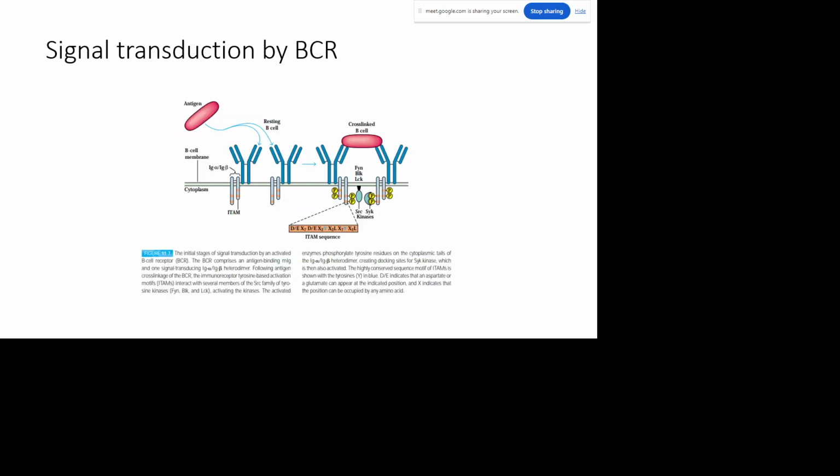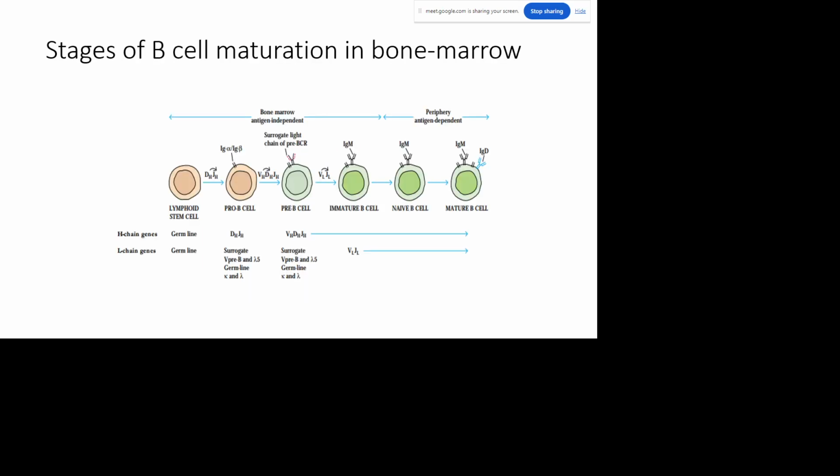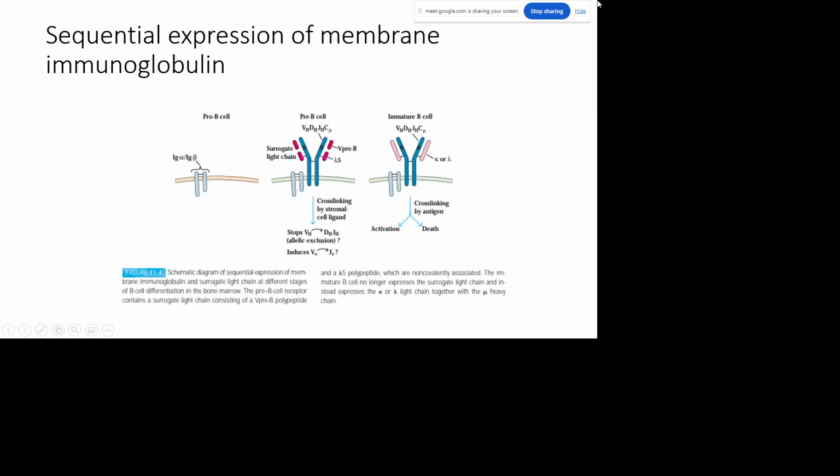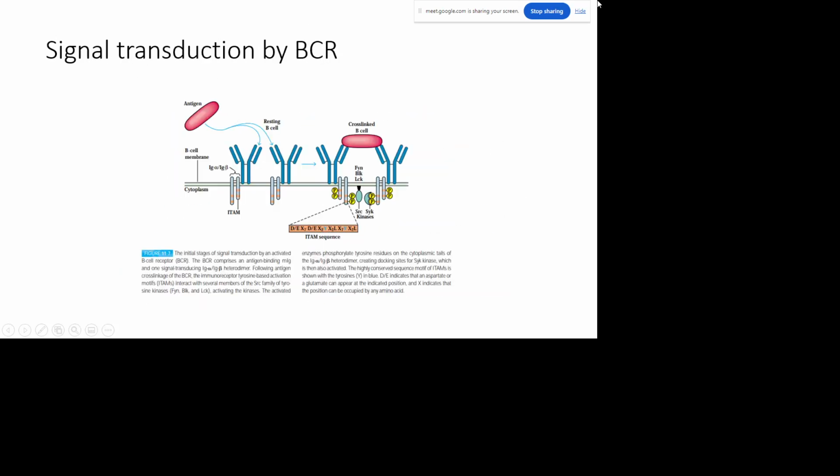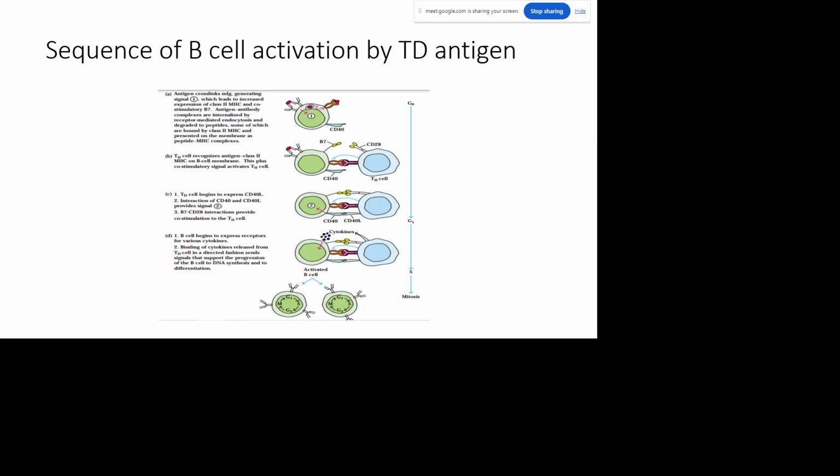Like here, you can see that upon entering the peripheral lymphoid organ, B cells will be activated by helper T cell and antigen. This is the procedure in the lymph node. The helper T cell and antigen will activate the B cell.